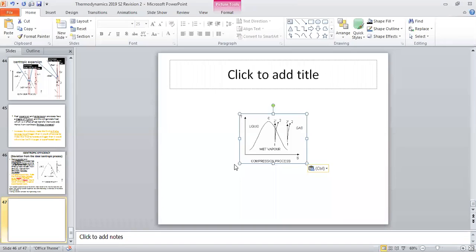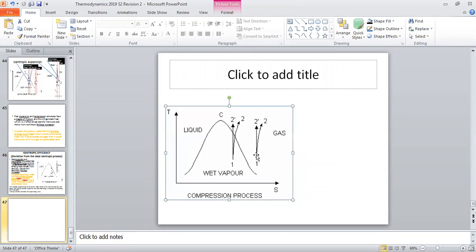When you compress, you are doing some work on the fluid.